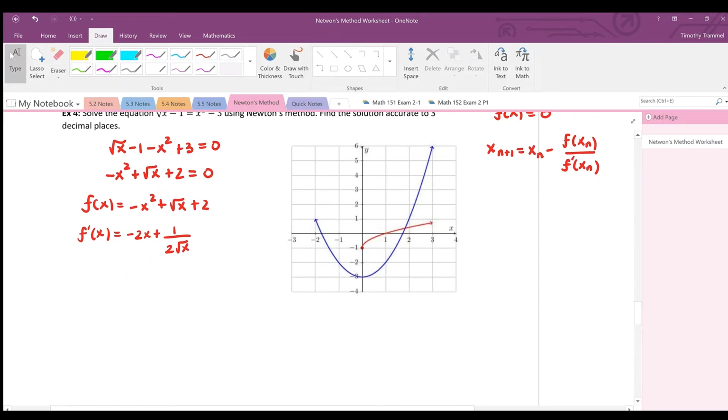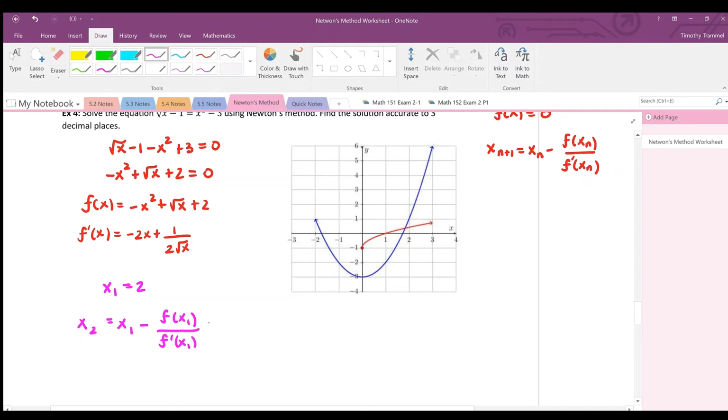Next, let's start plugging stuff into the formula. So if we started off with x1 equals 2, then x2 is going to be equal to x1 minus f of x1 all over f prime of x1. Okay.